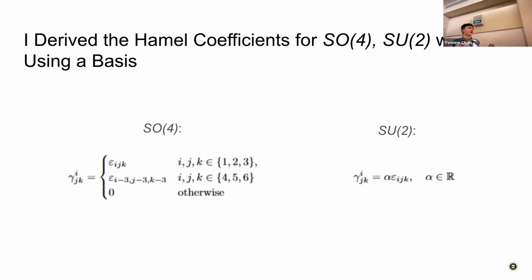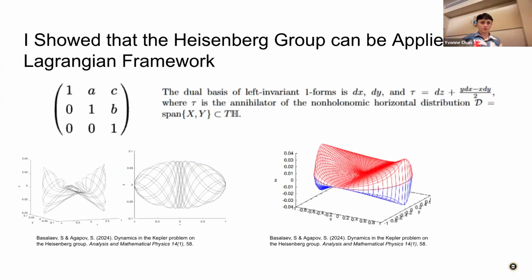And there is sort of like a smooth transformation between the Lie algebra corresponding to four-dimensional rotations to the direct sum of two individual Lie algebras for three-dimensional rotations. And for SU2, I found that the Hamel coefficients are the same as what you would get for three-dimensional rotations, or the usual representation in classical mechanics, up to a scaling constant.